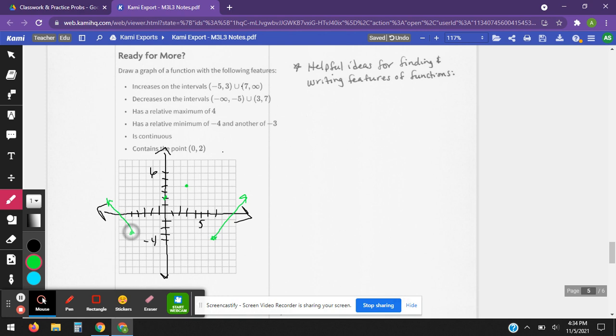It has a relative maximum at 4. It has to decrease from 3 to 7. That's a relative minimum. And then it goes on forever. So that is how I'm going to draw that to make it work.